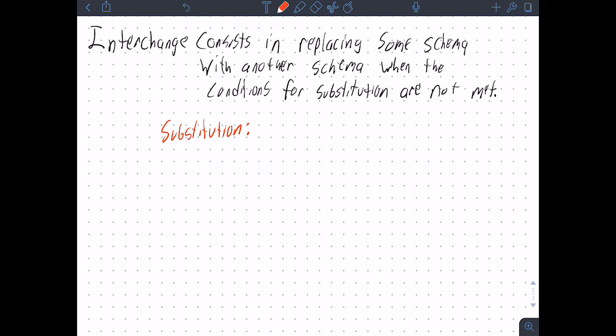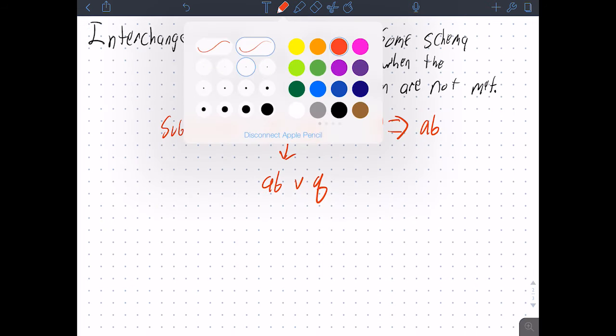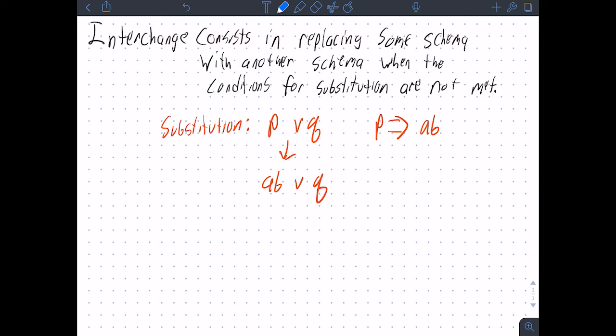So substitution, if we have the schema P or Q, and we wanted to substitute in for P, I don't know, the conjunction AB, to substitute that in for P, we would get AB or Q. So those are the conditions for substitution. Interchange, we can replace anything with anything, right?